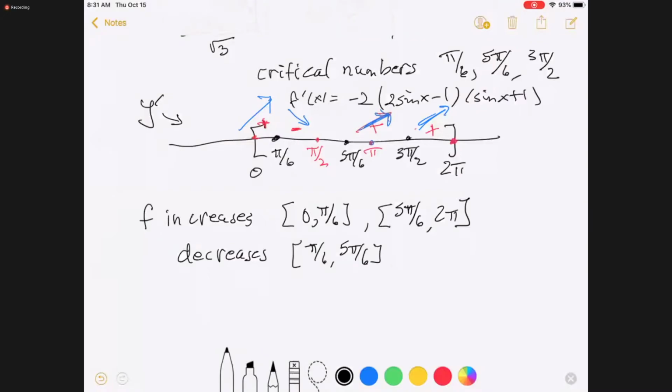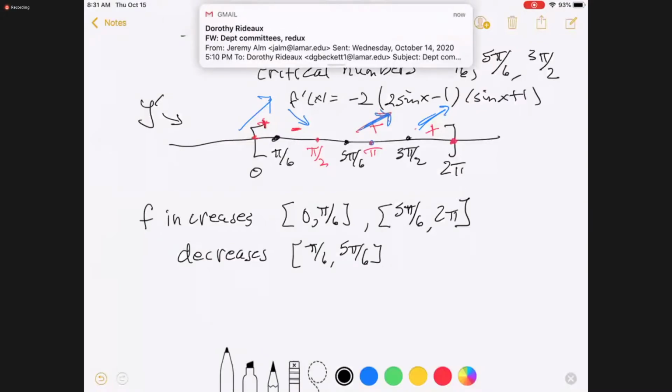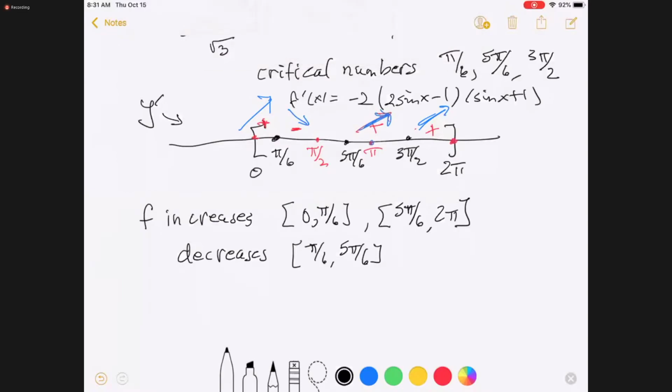And let's see, we have a local max and a local min, which means we're going to have an infinite number of them, because remember, I'm just doing one period. A local max, okay, abbreviation for local maximum, is going to be f of pi over 6.